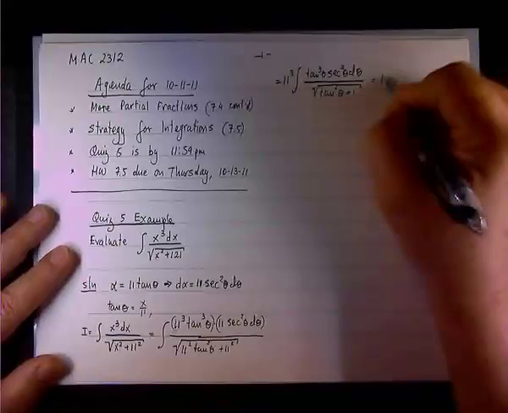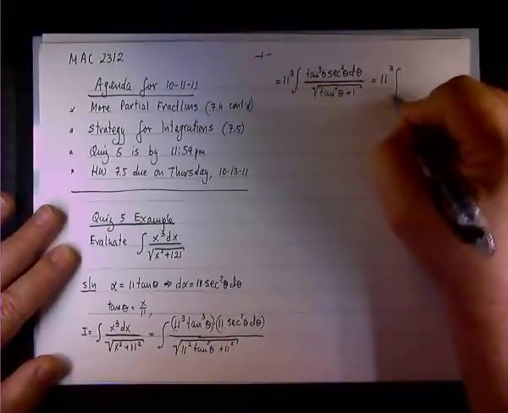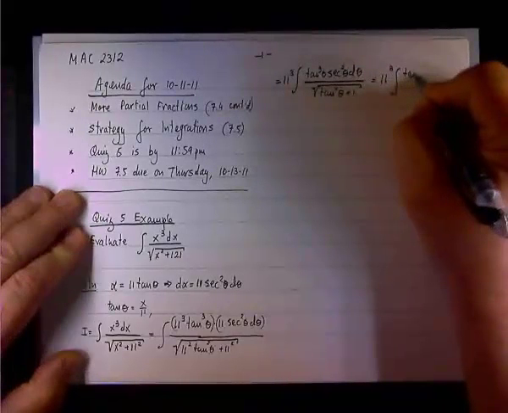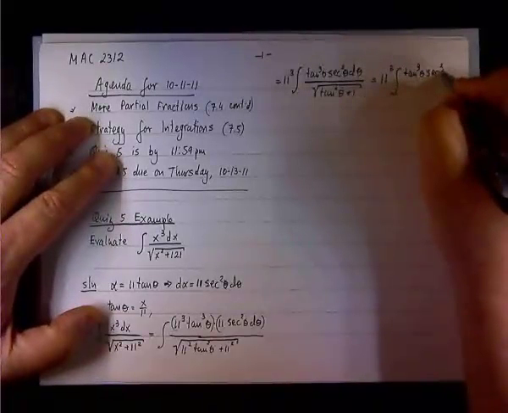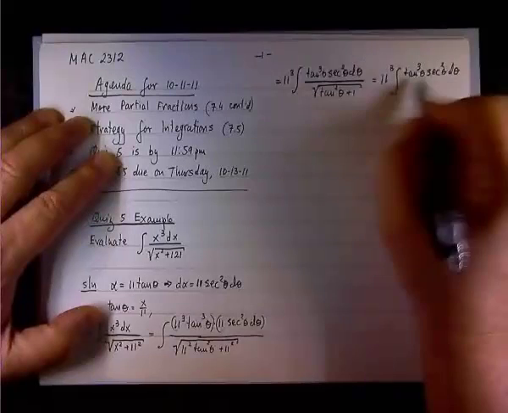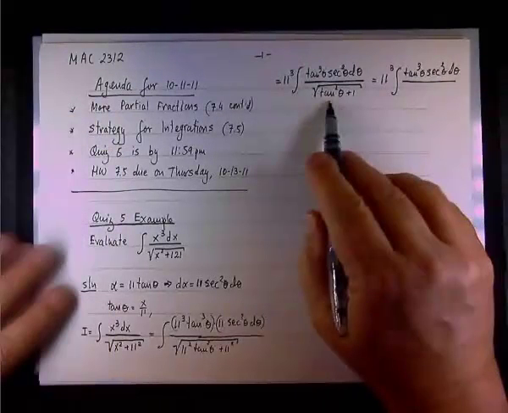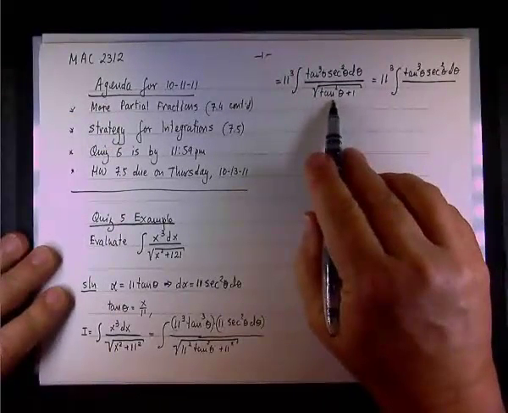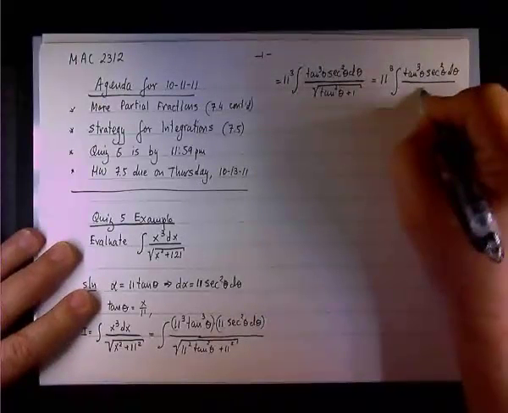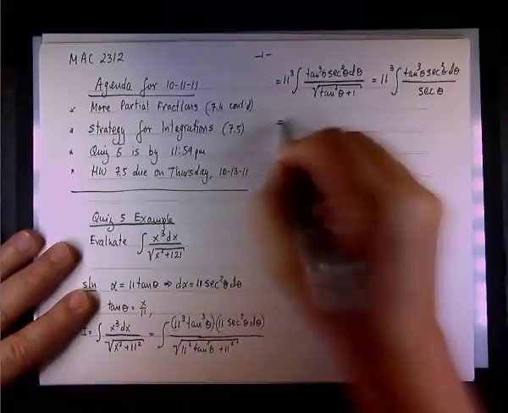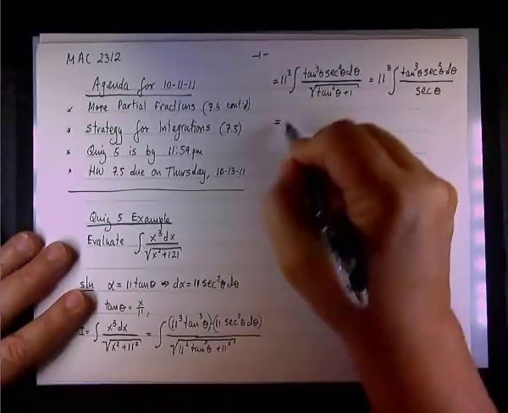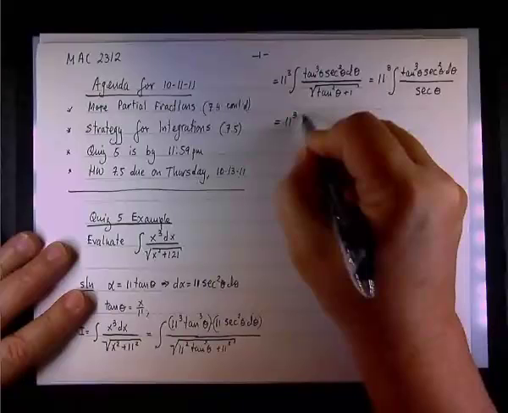And then you end up having 11 cubed tangent cubed secant squared d theta, and of course by the Pythagorean identity this is secant squared, so the square root of secant squared produces the secant of theta.